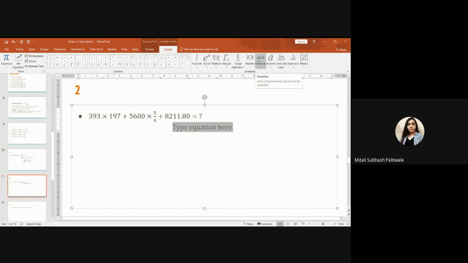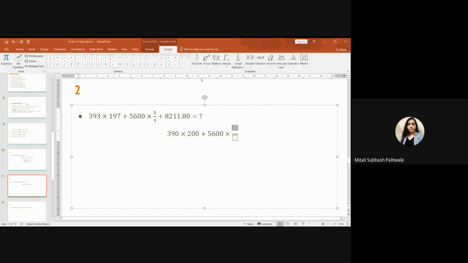Okay, I'll do one thing, that I'll be converting 393 into 390 multiplied by, let me just put 197 as 200 and plus 5,600 multiplied by 5 by 4.